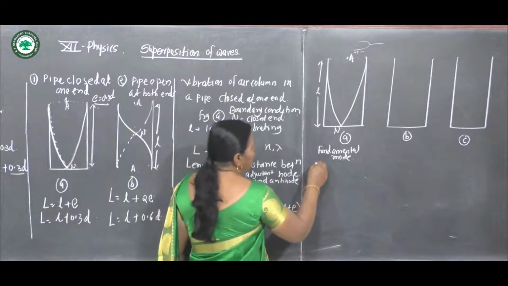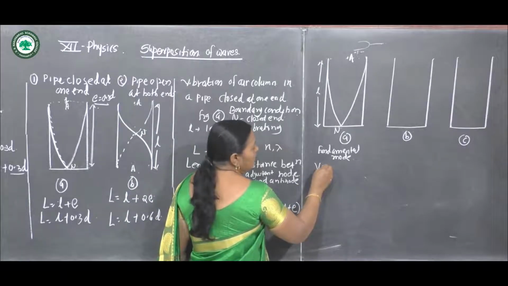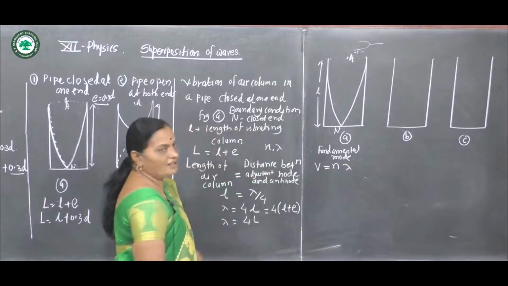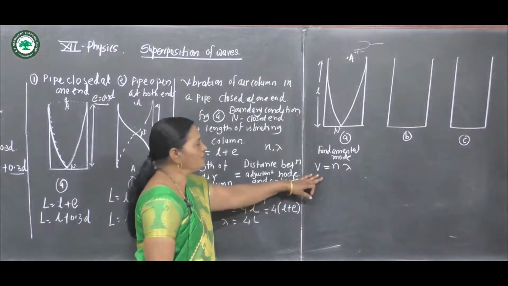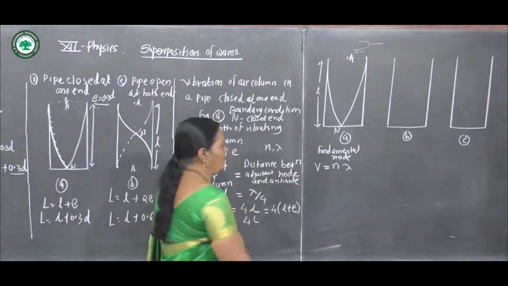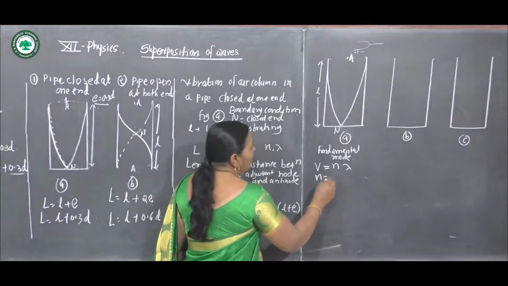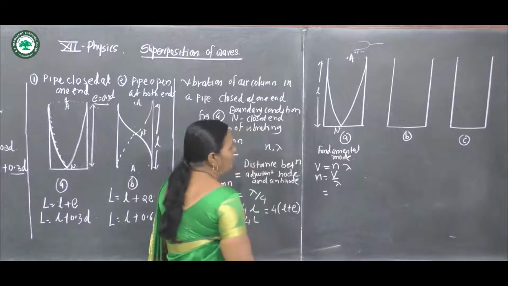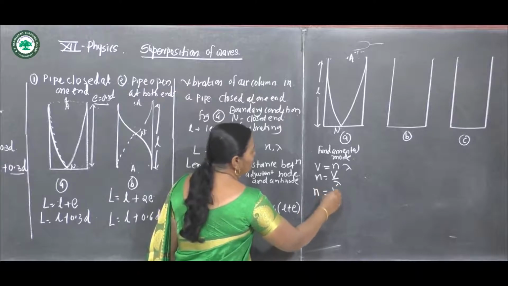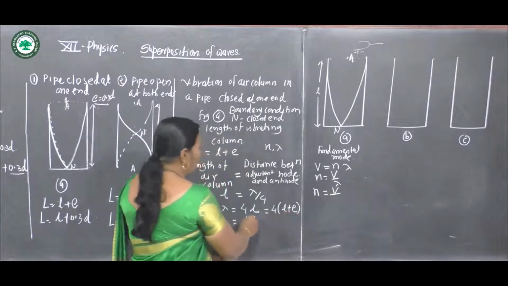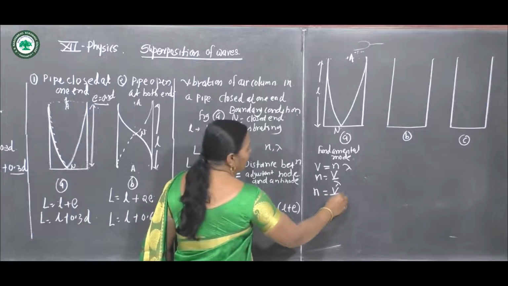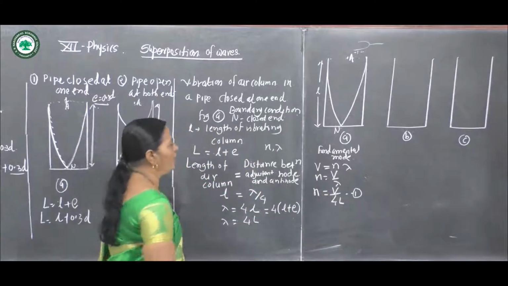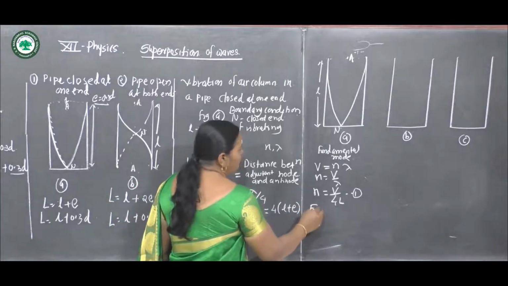V is velocity, N is the frequency, lambda is the wavelength. This is the basic formula for velocity. V is equal to N lambda. N is equal to V upon lambda. Substitute the value of lambda here. N is equal to V upon lambda, which is equal to V upon 4L. This is equation number 1, and it is called the fundamental frequency or lowest frequency.